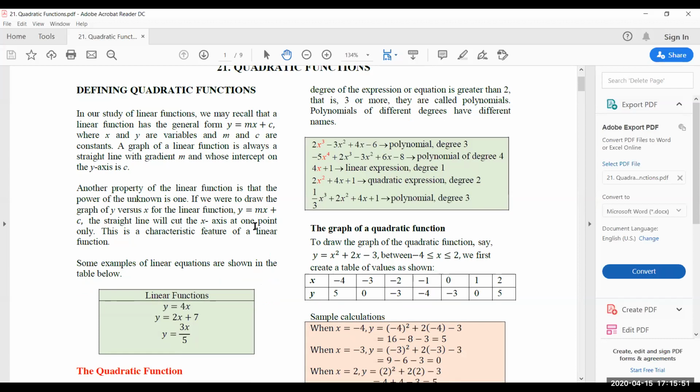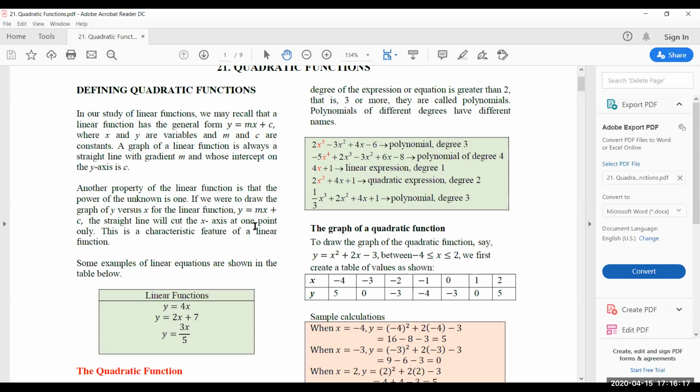And x and y are the variables here, and m and c are the constants. The variable meaning that it changes, and the constants remain the same. So x and y can basically assume any value. That's why they vary and they are called variables. However, m and c don't change. They are referred to as constants.